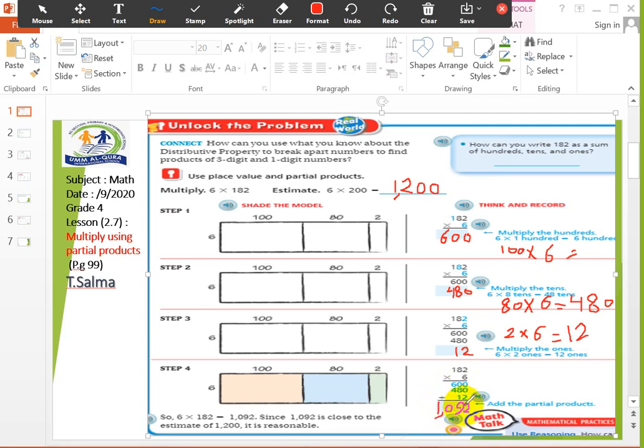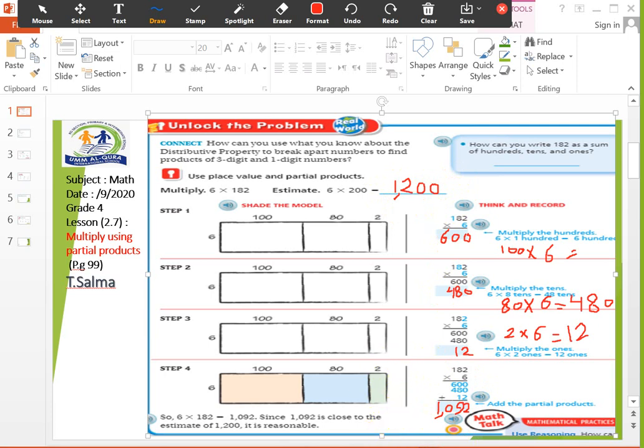So the answer is 10. So this is the final answer for multiplication. So look, my answer is close to the estimation. That means my answer is correct. 1092 is close to 1200.